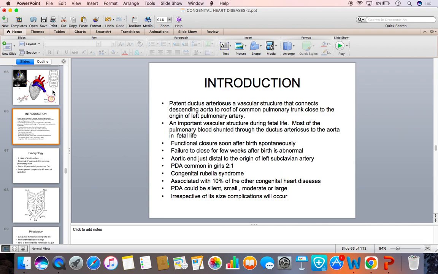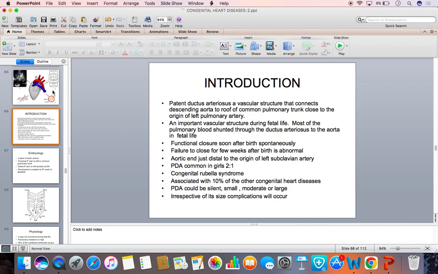Well, PDA is common in girls at 2:1 ratio. Congenital rubella syndrome is a situation where the PDA is a component. Well, as I told you, PDA is associated with 10% of the other congenital heart anomalies.